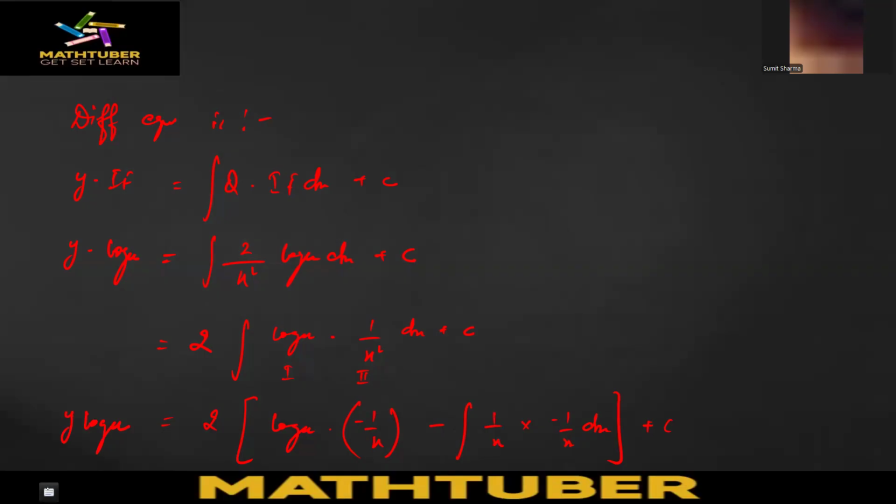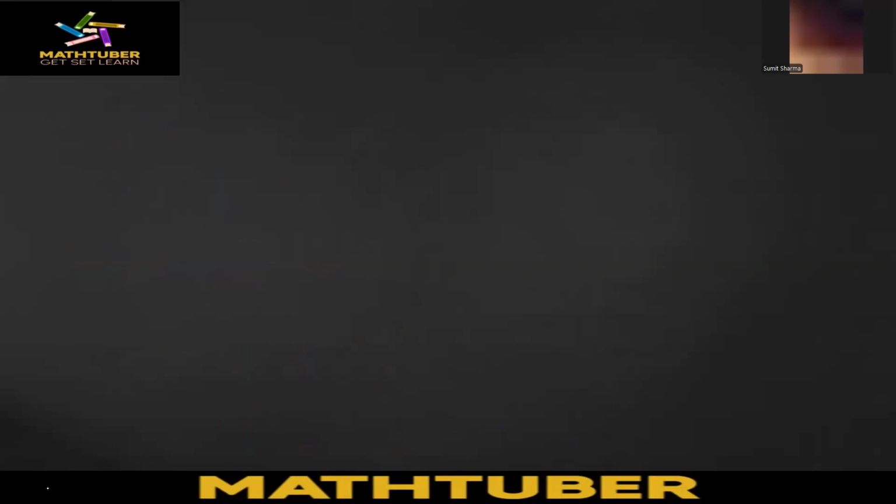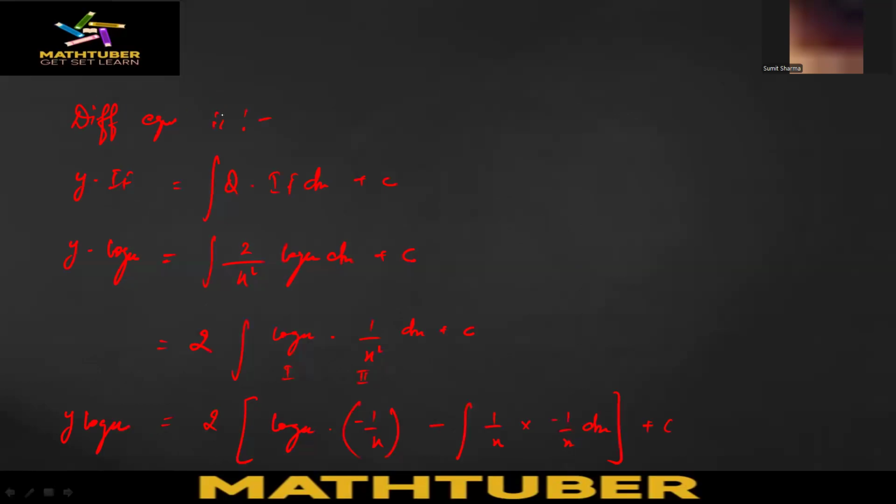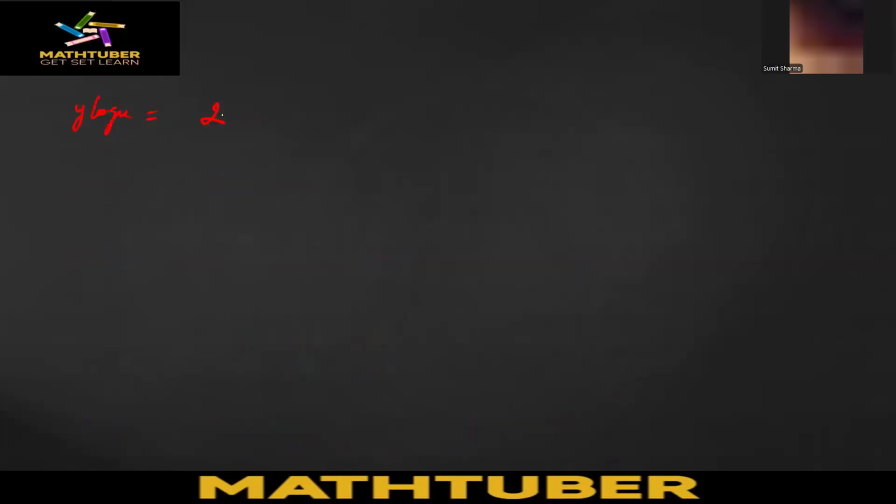Now, solving it, we will get y log x is equal to 2 into minus log x upon x, that is minus 2 log x upon x, and plus 2 into 1 upon x square dx plus c.